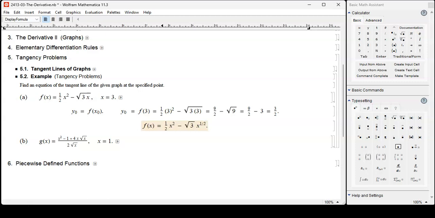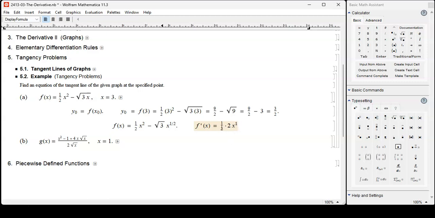Okay, now you're ready. Take the derivative. One half times 2x to the first power, if you use the power rule, subtracting 1 from the power.